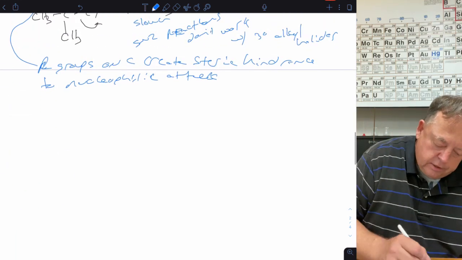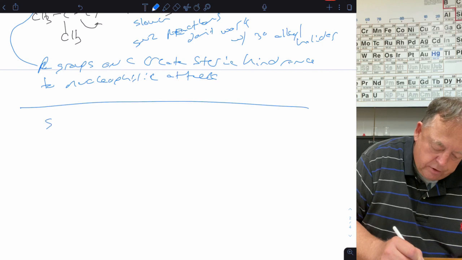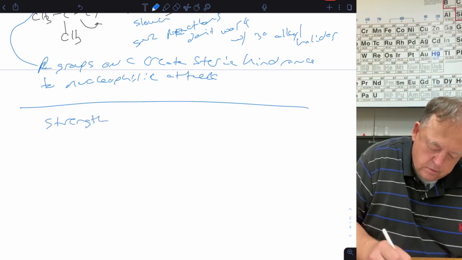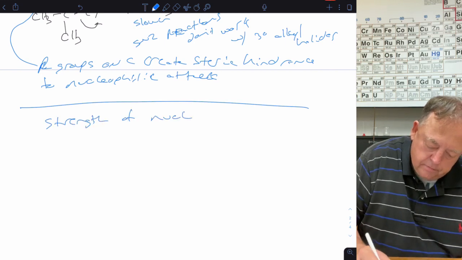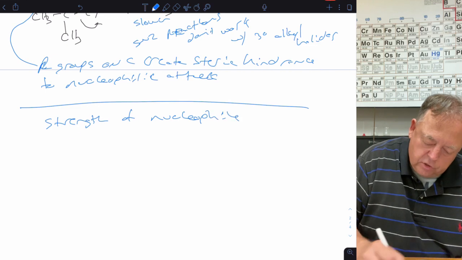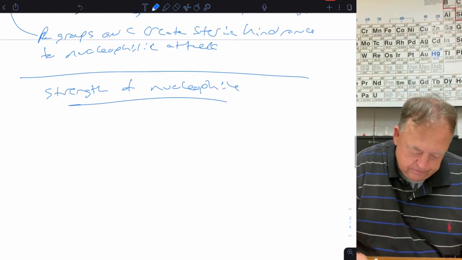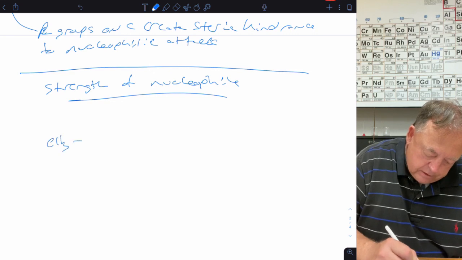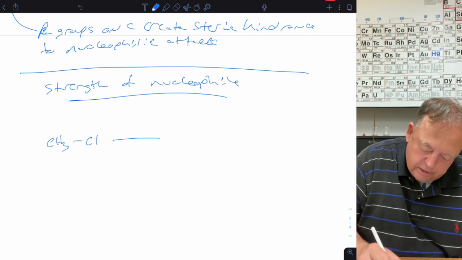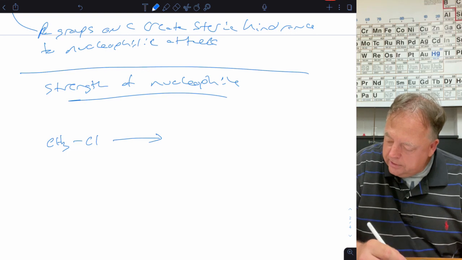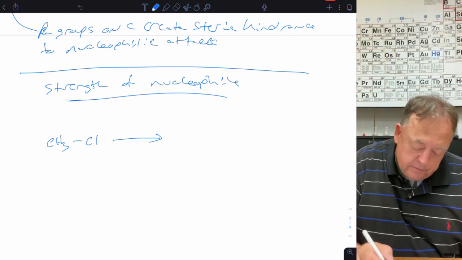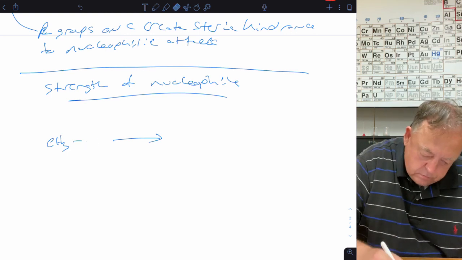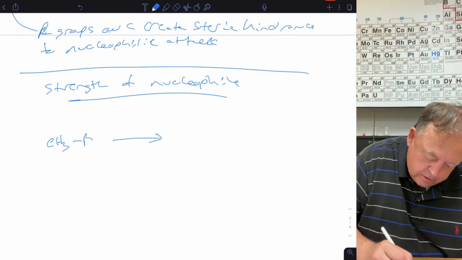Okay, so another characteristic of an SN2 is the strength of the nucleophile. So some nucleophiles are better than others. In order to study this, what you would do is just change out the nucleophile to something else.